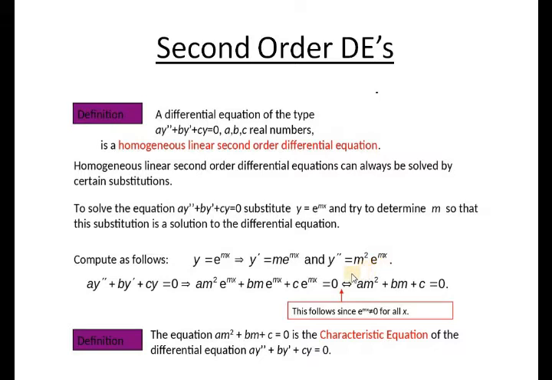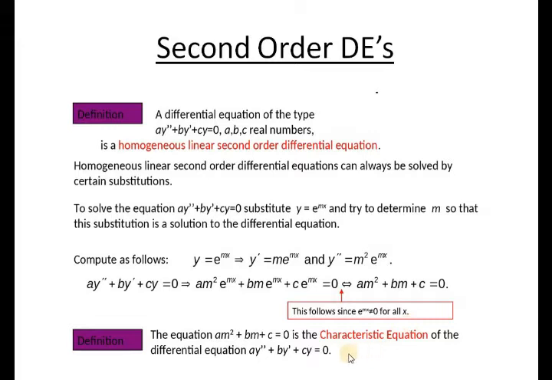So substituting the values of y, y dash and y double dash in the equation, we get a m square e raised to mx plus b m e raised to mx plus c into e raised to mx equal to 0, such that the equation becomes a m square plus bm plus c equal to 0, since e raised to mx is not equal to 0 for any x.